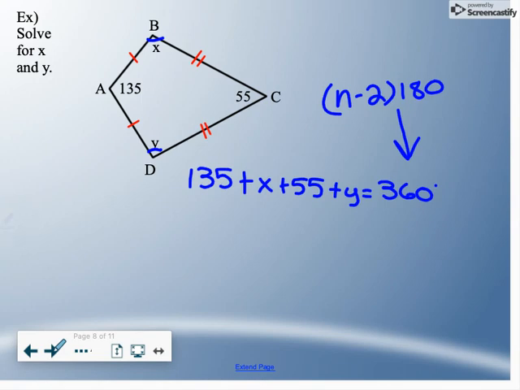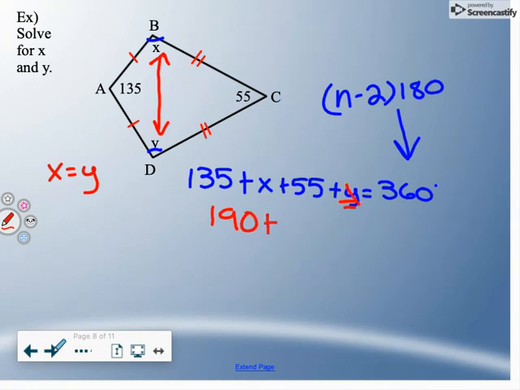Now that we have this, we're going to combine things together. But one thing I want to talk about real quick: we just said those two are congruent. So instead of dealing with a y, I'm just going to plug in x for that spot as well. So I'm going to combine those terms. We get 190 plus, instead of a y, another x. 2x equals 360. 2x is equal to 170.